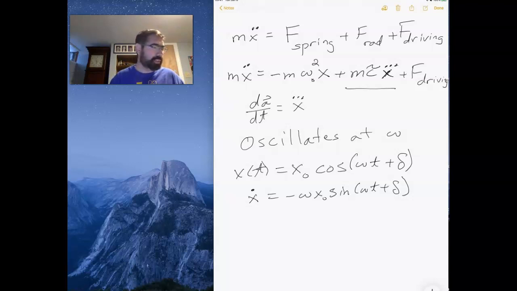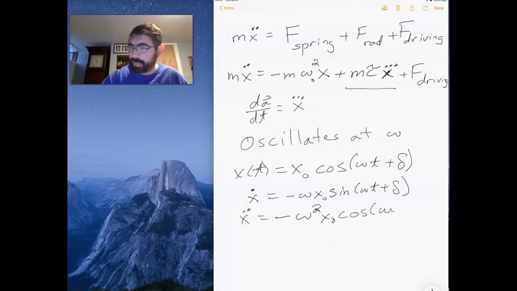And then the second derivative would be minus omega squared x naught cosine omega t plus delta.